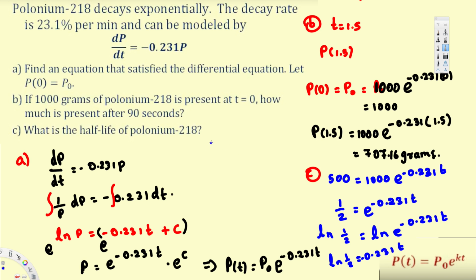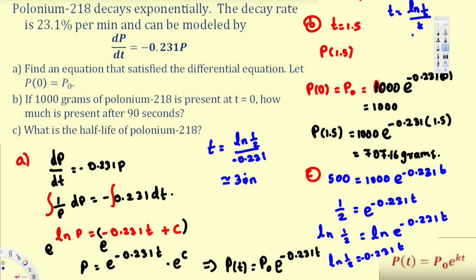Therefore t = ln(1/2) / (-0.231). You can see that ln of a number less than 1 is negative, so negative over negative makes this positive, and if you calculate this one, you will get approximately 3 minutes. To calculate the half-life easily, the shortcut method is to use this formula: t = ln(1/2) / k, the constant value.